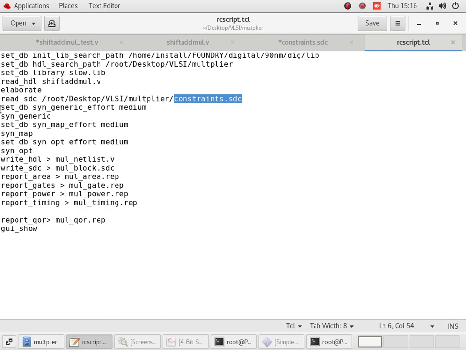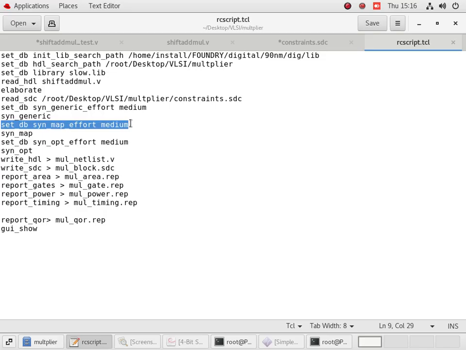Here set generic means it sets the synthesis effort. The generic effort, that is the synthesis effort, is set to medium. Then next it is mapping; the mapping effort is also set to medium.